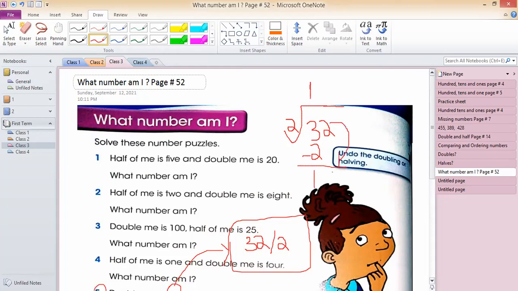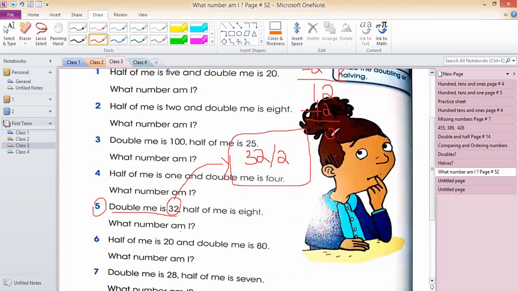Put this 2 down. Now it is 12. 2 multiplied by 6 equals 12. 12 minus 12, 0. So the answer is 16. Double of me is 32, the answer is 16. You can even check: half of me is 8. Find out the double of 8. 8 multiplied by 2 equals also 16.